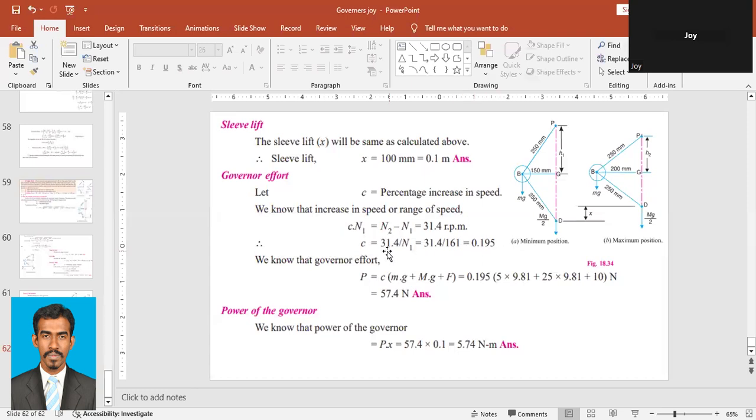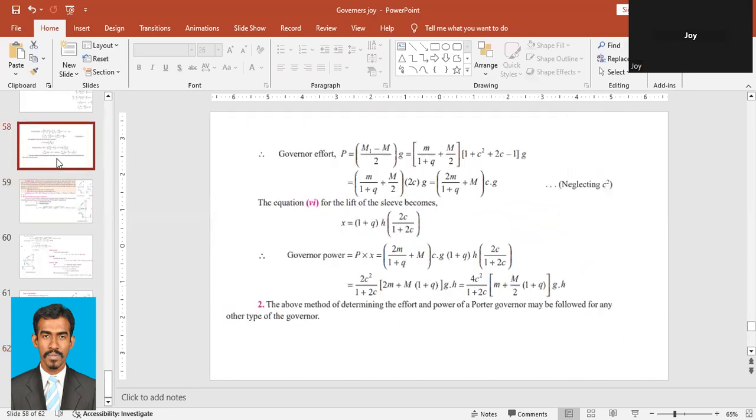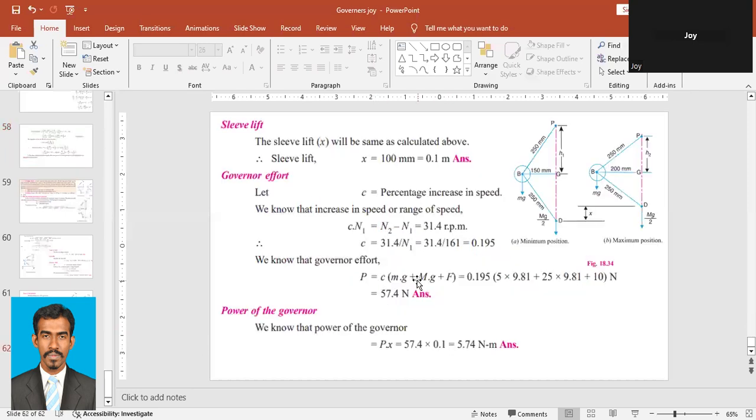Now we have found C, which is equal to 0.195. We know that the governor effort P is equal to C into small mg plus capital Mg plus F. We already have that formula here.